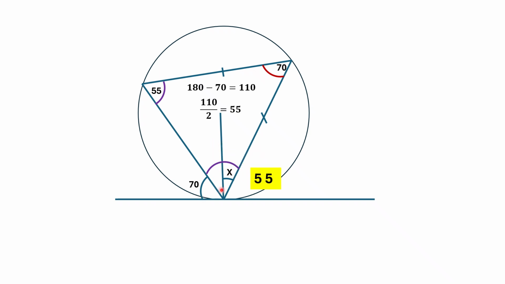Do you remember this is a right angle because it's a radius and a tangent. So this is 90. That means this small part here is 90 minus 70, which is 20. Okay. And since this is 55, x should just be 55 minus 20, which is 35.